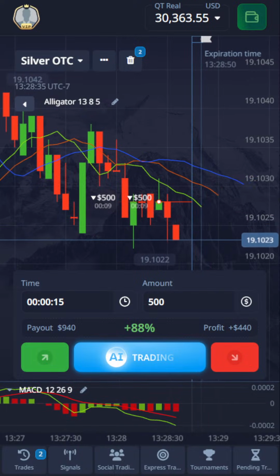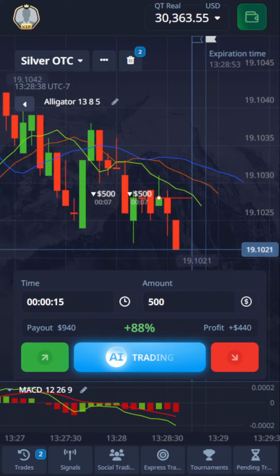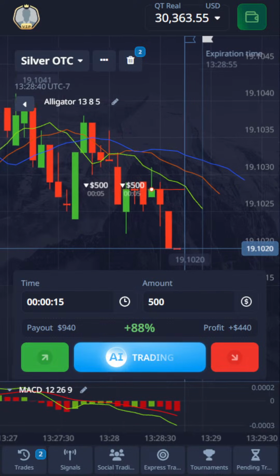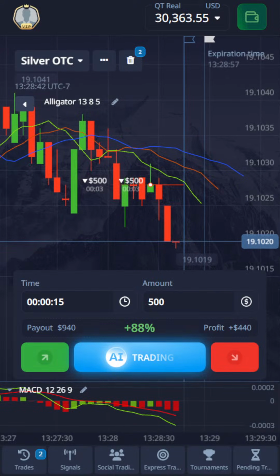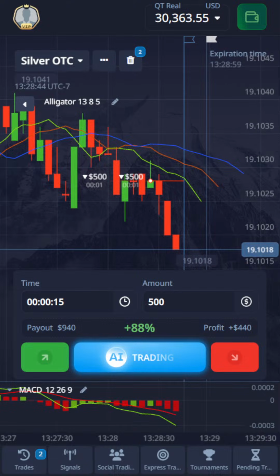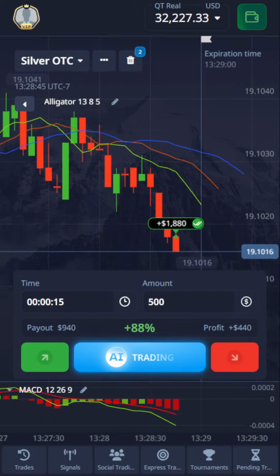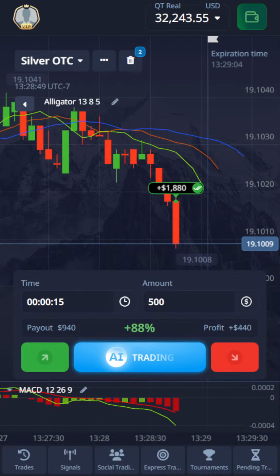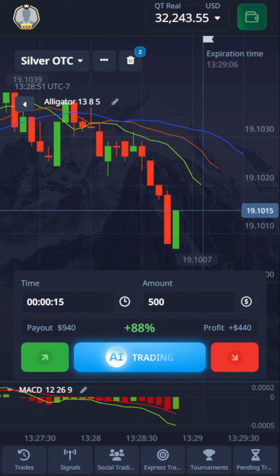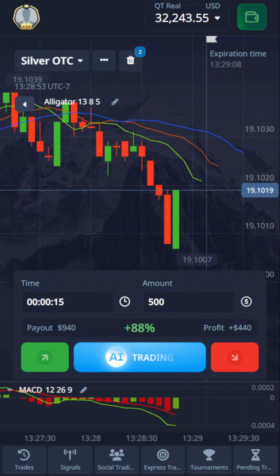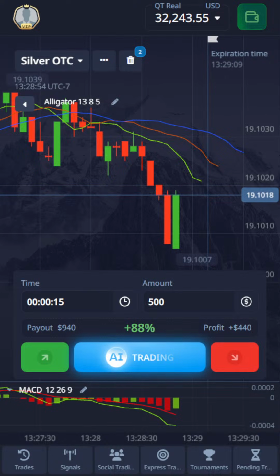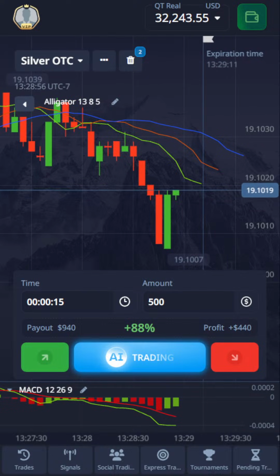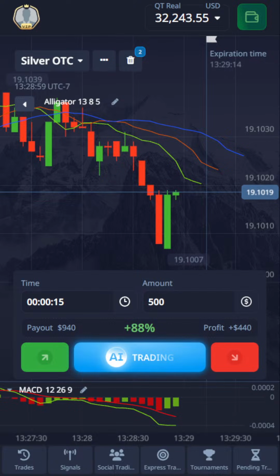So we know something about engulfing candles. Of course, that is the candle that closes and covers the other previous candle, so it engulfs it.